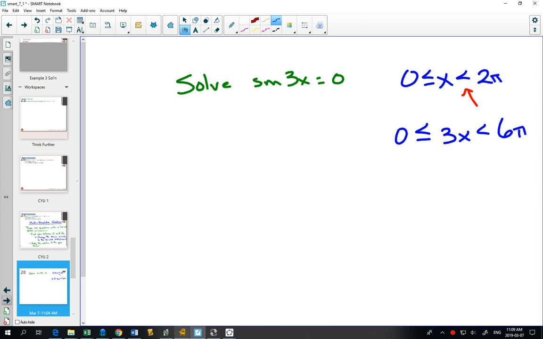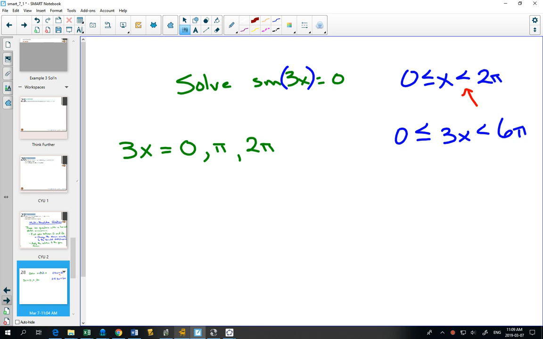And so we can start by saying when you solve for a sine question, this is your angle. Your angle is 3x. So the 3x could be 0, it could be pi, and it could be 2 pi. Does that make sense for one time around the circle? Sine is your y-coordinate. It could be 0, it could be pi, it could be 2 pi.